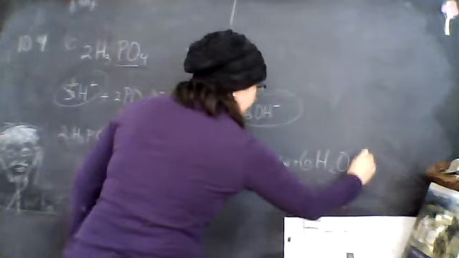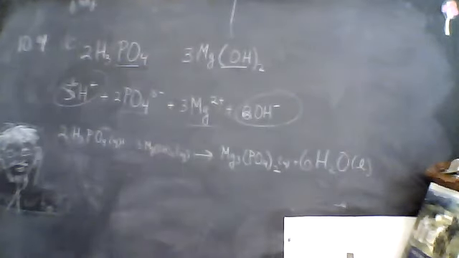So 2H3PO4 aqueous plus 3Mg(OH)2 aqueous yields Mg3(PO4)2 plus 6H2O. All right, good work, Martin.